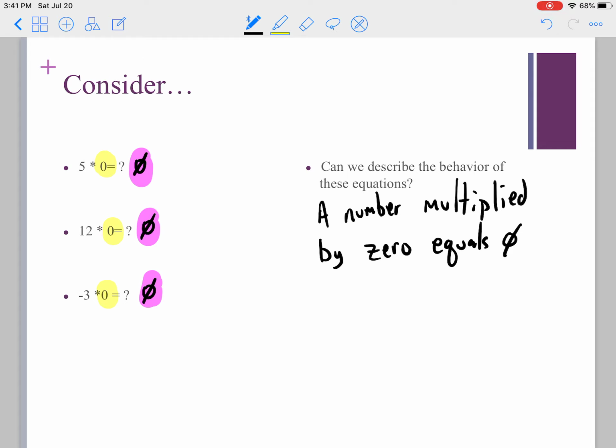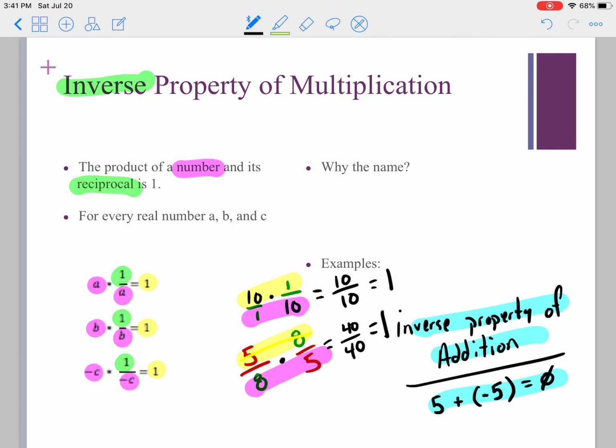Now, this particular property becomes easy to confuse with the inverse property of addition. I'm going to go back one slide. Notice that the inverse property of addition also equals 0. It also equals 0. Okay?